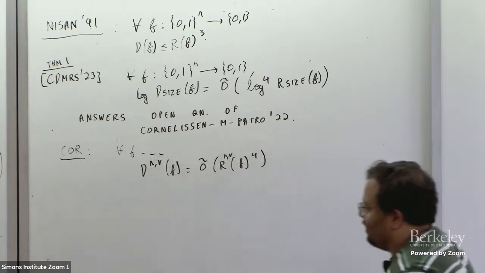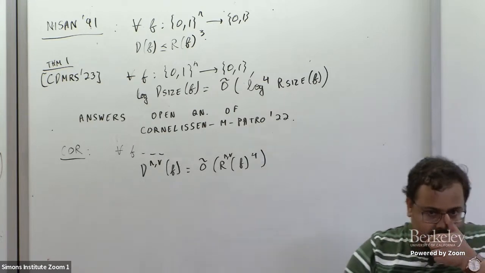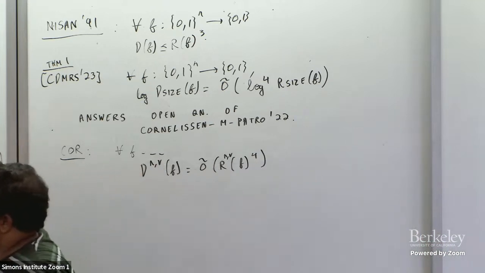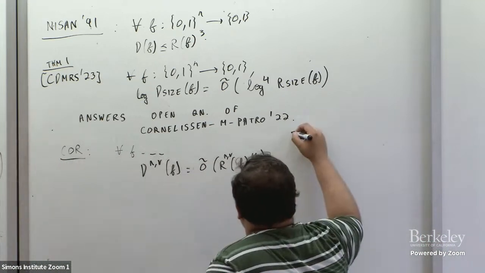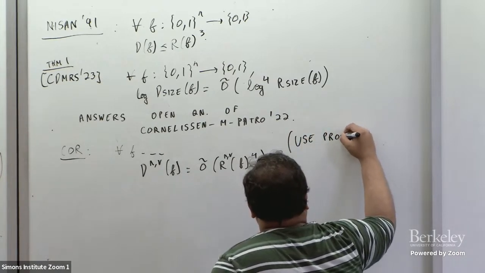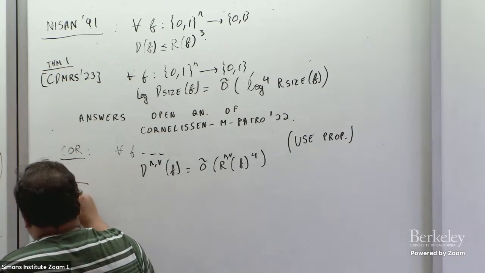So deterministic AND-OR query complexity is at most a fourth power in randomized AND-OR query complexity, up to 2 log factors. Just by this proposition. So that's our first result.